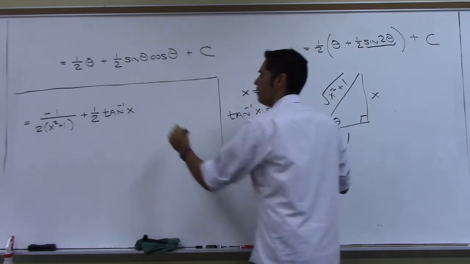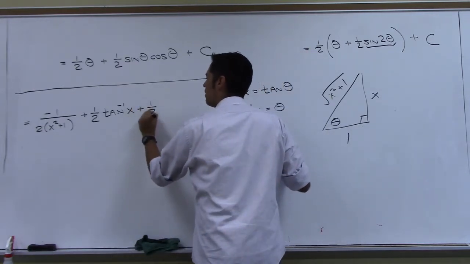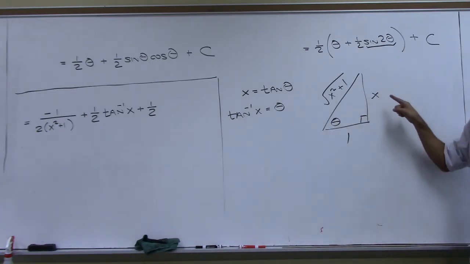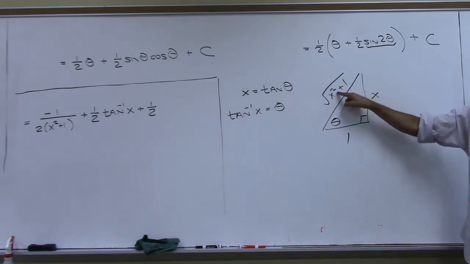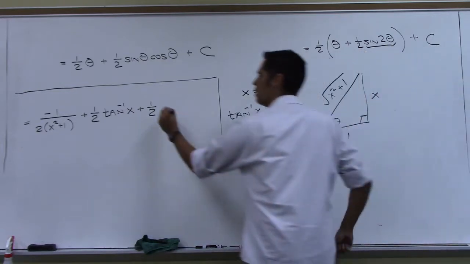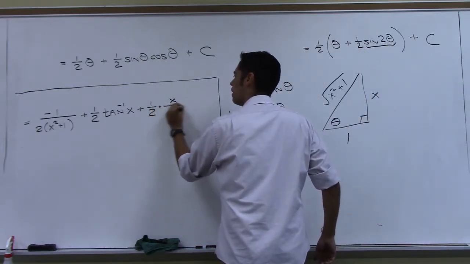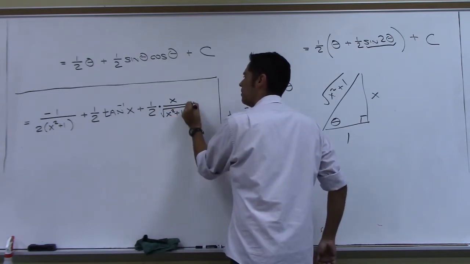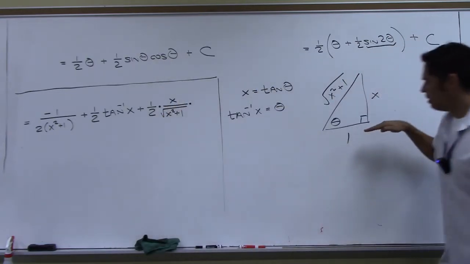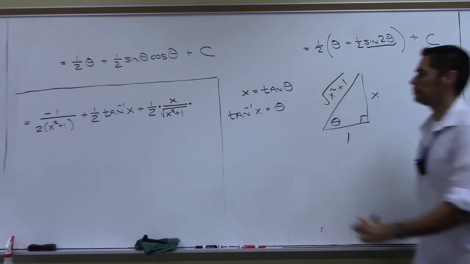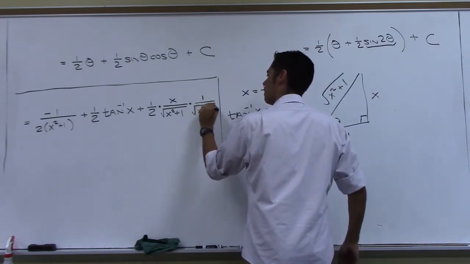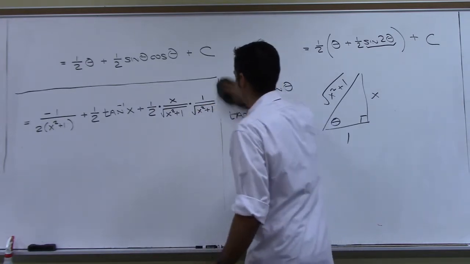And then I have plus 1/2 sine of theta. Sine of theta is this over this, x over the root. And then times cosine theta, which is 1 over the root. And then plus c.